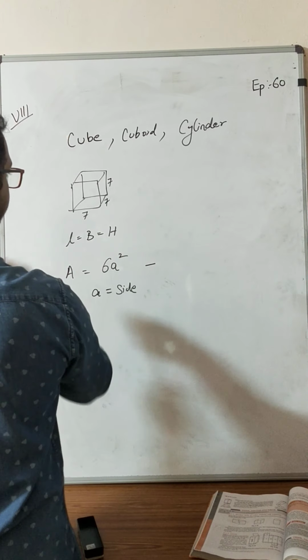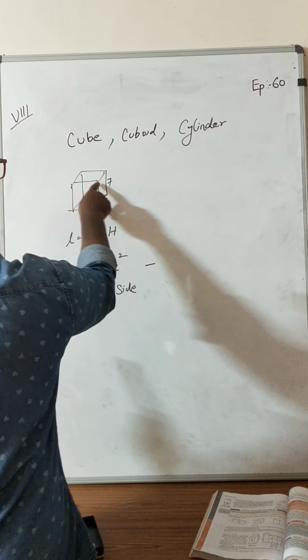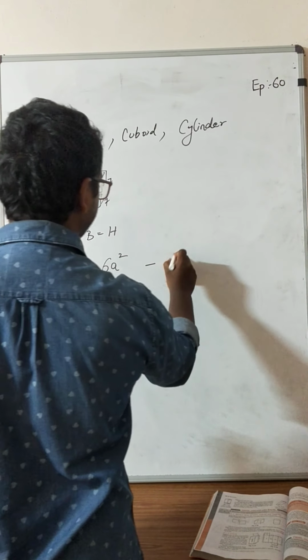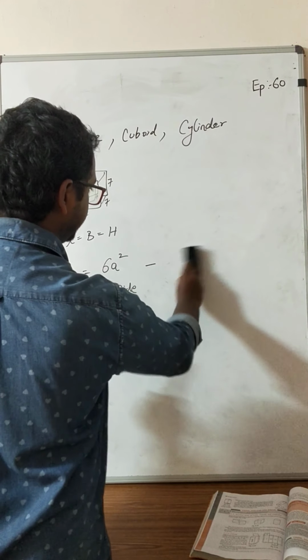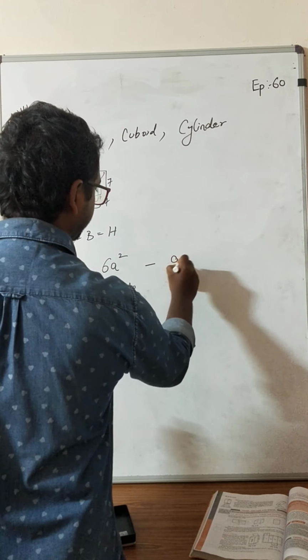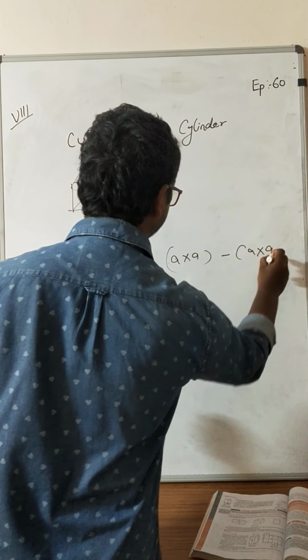As you can see from the figure, it is very clear, this is length, this is breadth. Similarly, this is length, this is breadth. So we are talking about length into breadth, that is side into side. So a into a minus a into a.